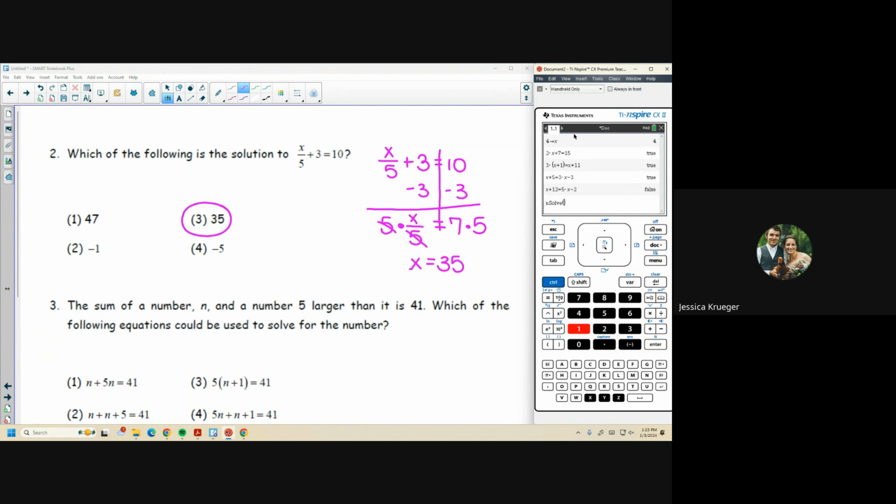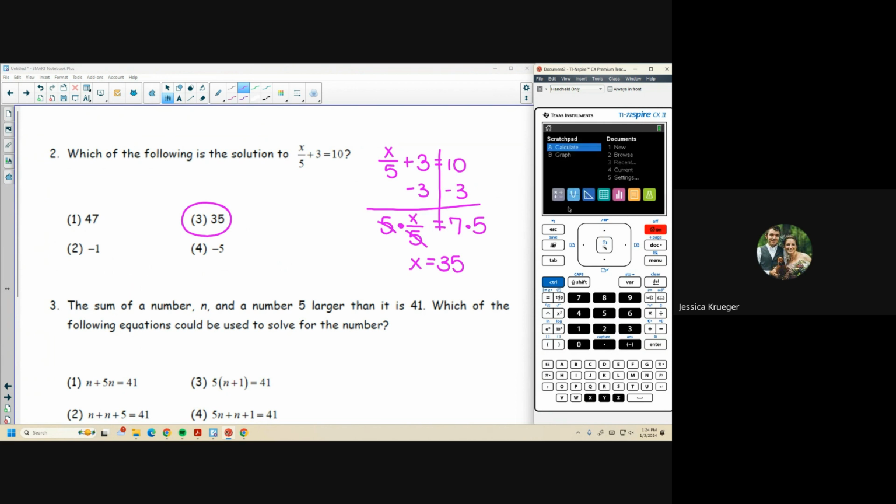So I'm going to type in, I need a fraction first of all. So control fraction, x over 5. Now, I want you to notice that x is bold. That means it's using the stored value I had before, and this is a different problem.